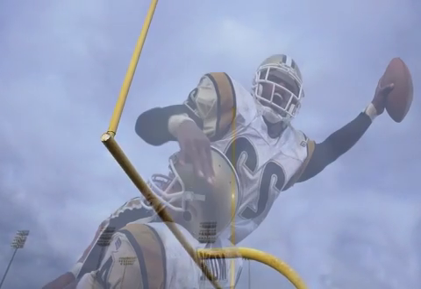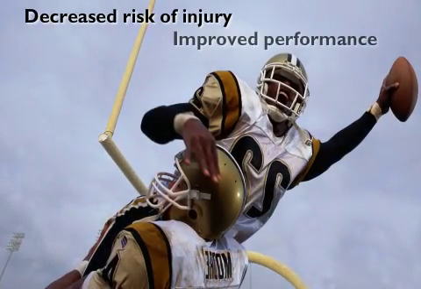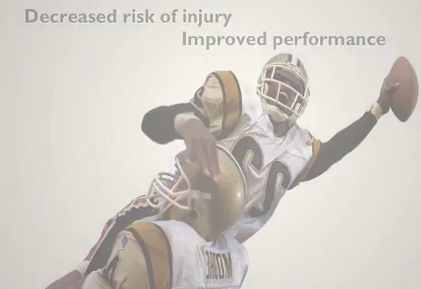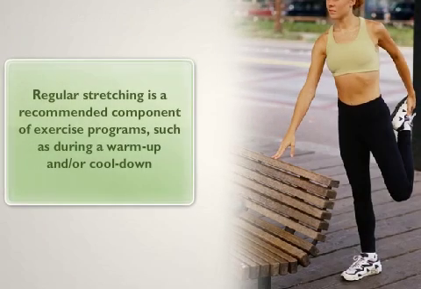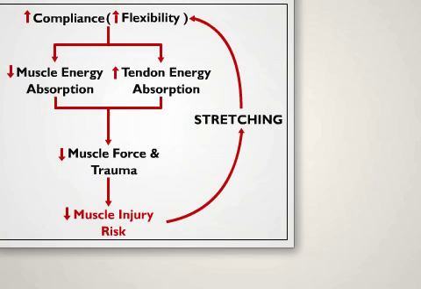The traditional thought is that regular stretching improves flexibility, which results in a decreased risk of injury and improved performance. Consequently, regular stretching is a recommended component of exercise programs, such as during a warm-up and/or cool-down. The proposed mechanism for the use of stretching as it relates to muscle injury risks is illustrated here.